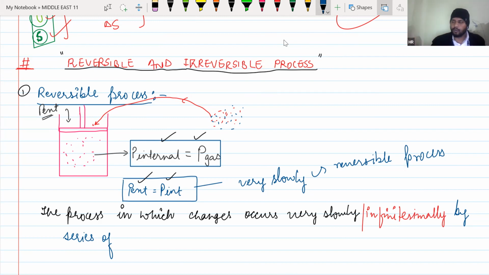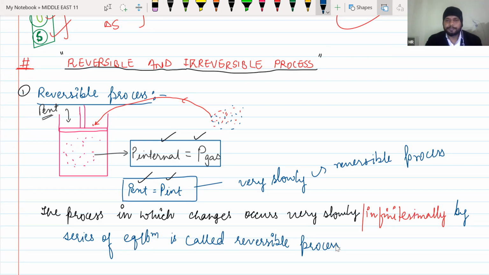Another will go for second, it will maintain its equilibrium. Is that clear? A series of equilibrium is called a reversible process. Please write. And if you have any doubt about this, Fawaz, Krishna, and Ifra, ask me.